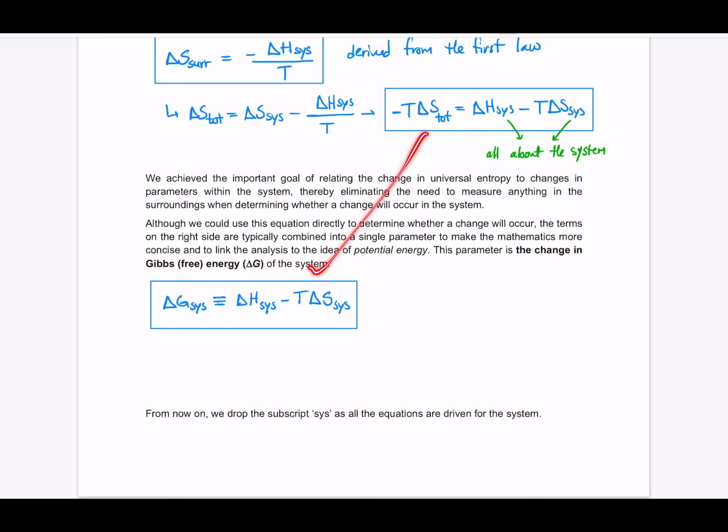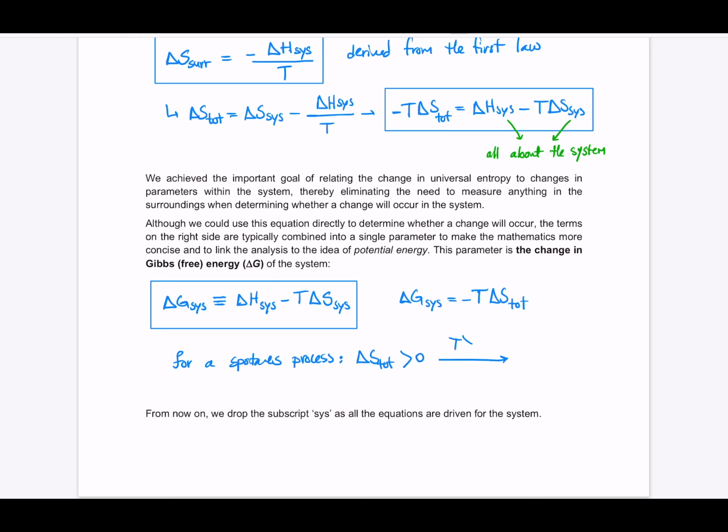So comparing these two, it's obvious that delta G of the system is related to features of the total of the universe. So for a spontaneous process, we mentioned that delta S of total must be a positive value.